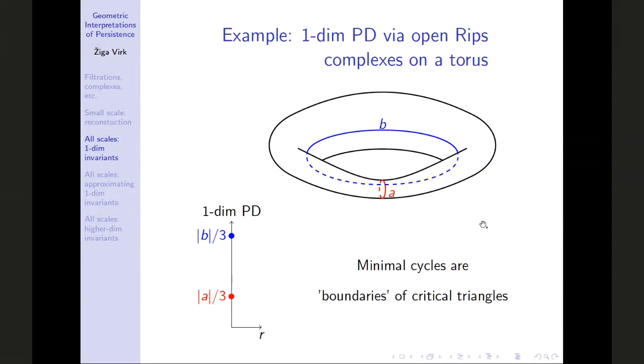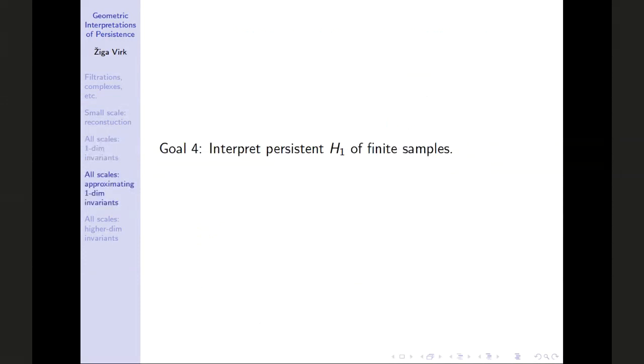All right, so far, that's what we have about one-dimensional persistence, at least using infinitely many points. So what I also want to talk about, which is related to this, is what happens if you take a finite sample of this thing.